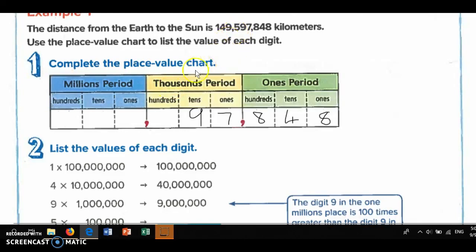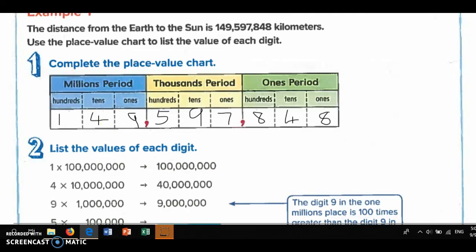There are 5 hundred thousands. Then we have another comma. Now we're going into the million period. We have 9 millions. We have 4 ten millions, and we have 100 million.